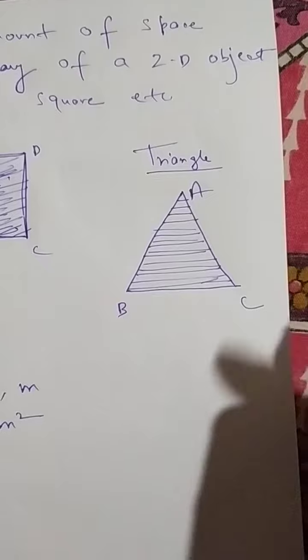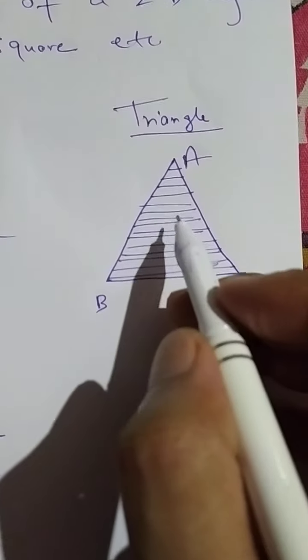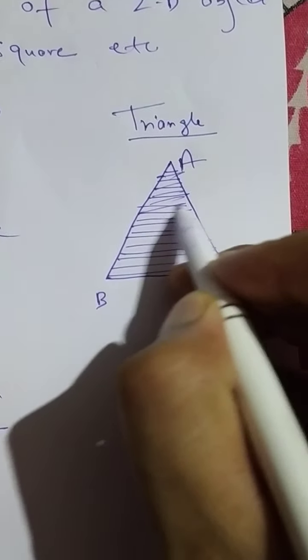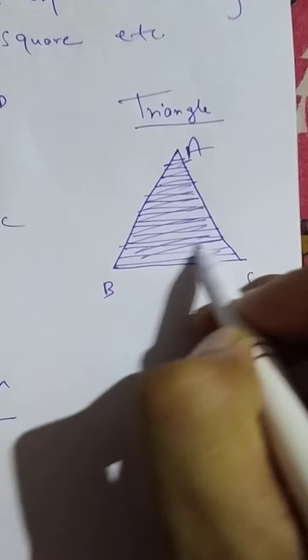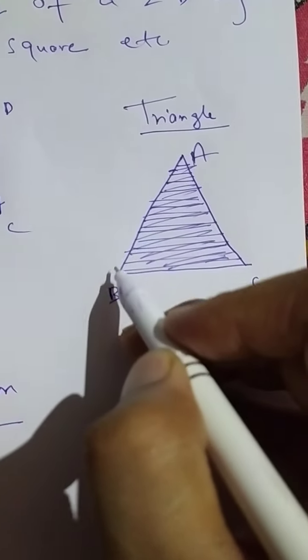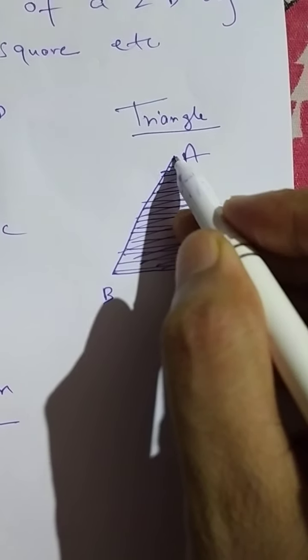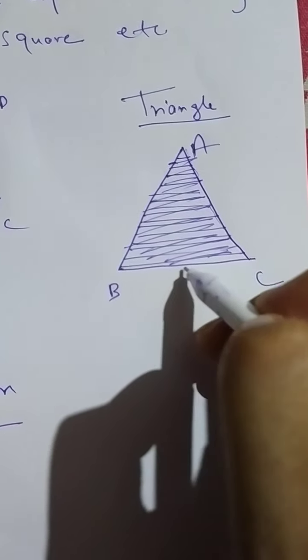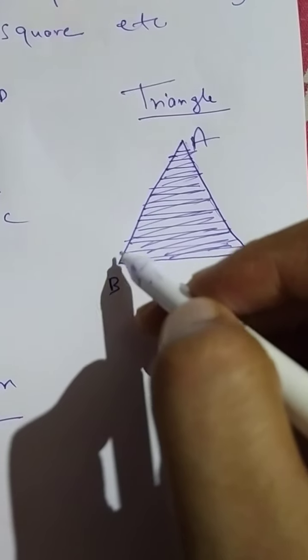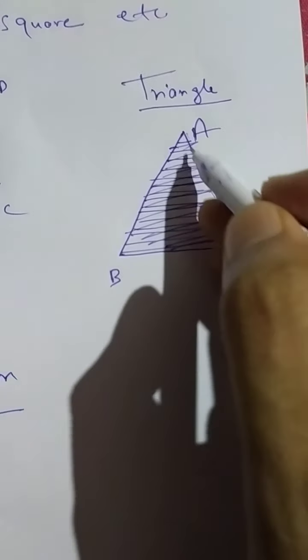Similarly, in case of a triangle, the shaded portion inside is the area. And these three lines are the perimeter. If the lengths are given and you add all the lengths of the three sides, you will get the perimeter.